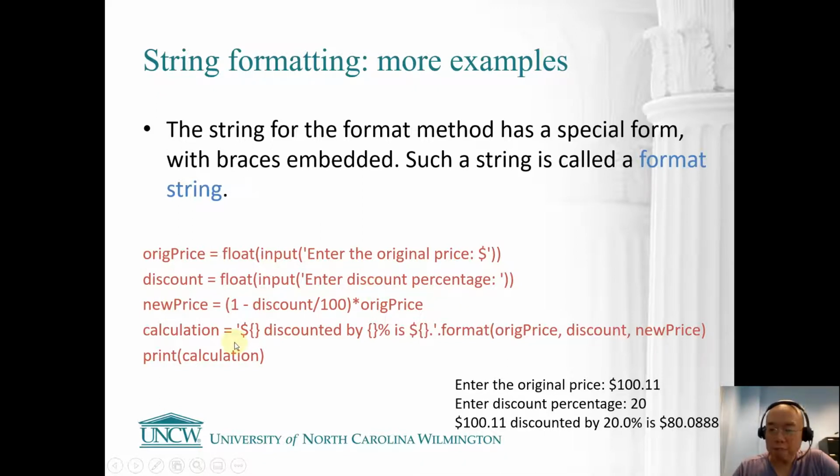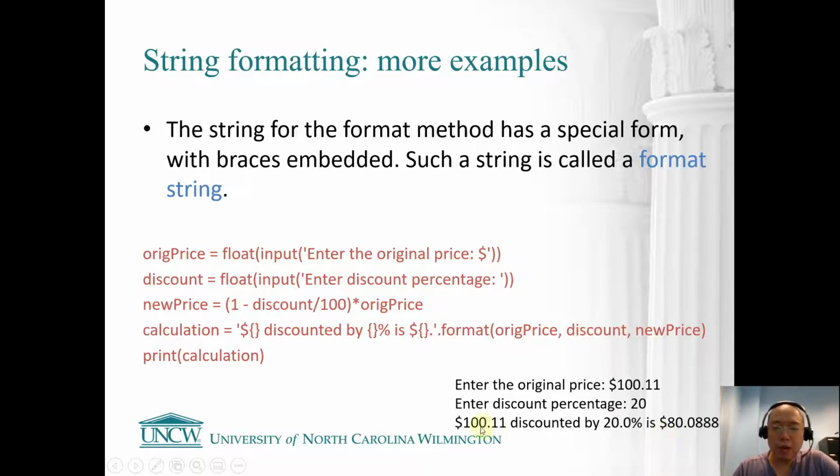After that I have a string showing the original price discounted by the percentage is the discounted price. There are three items I'm backfilling in: the original price, the discount, and the new price. So nothing really new. But one of the problems you may catch will be this one.